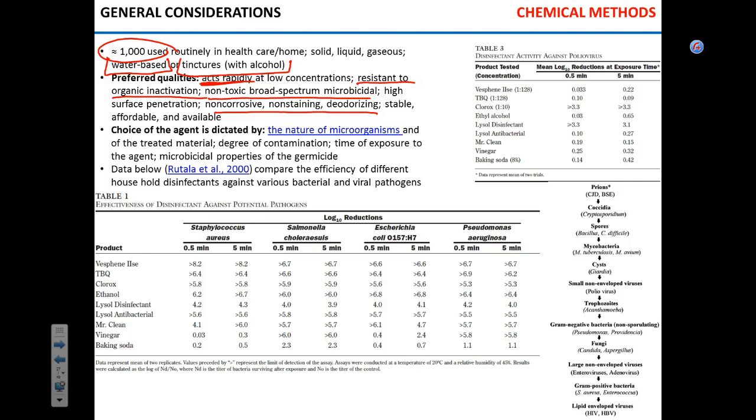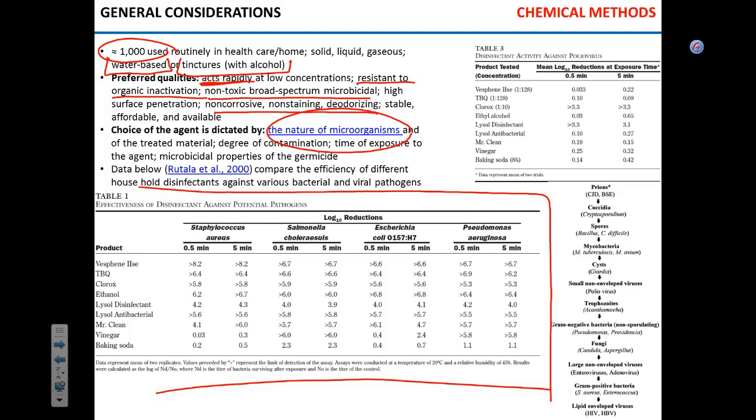Well, nature of microorganisms. Look at the table at the bottom. What this table shows you, on the left, there are a lot of different chemicals. Here, this row represents different microorganisms, various times of exposure, and the numbers demonstrate the decimal logarithms of reduction.